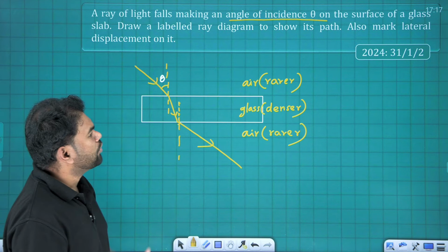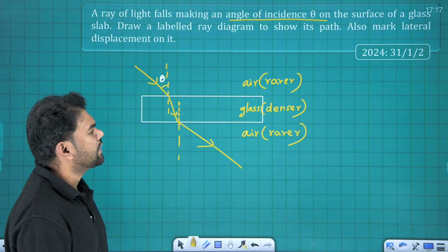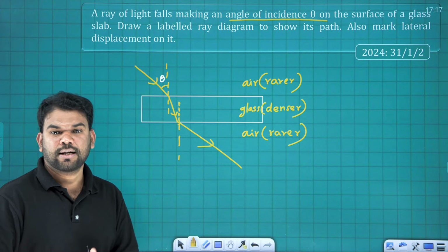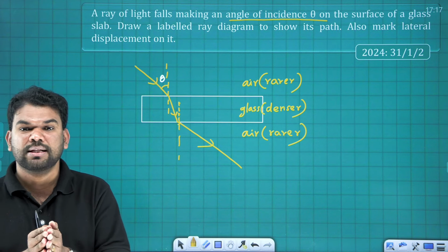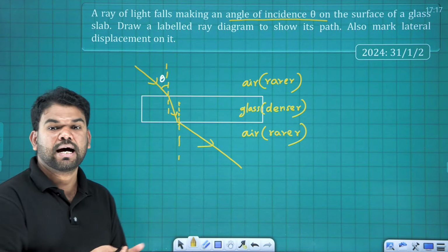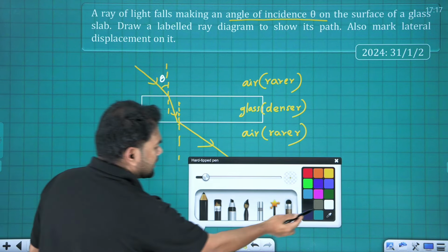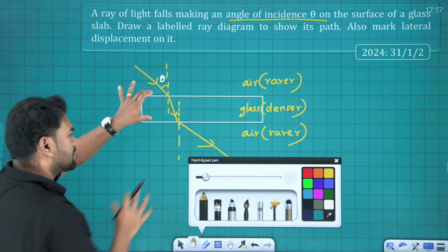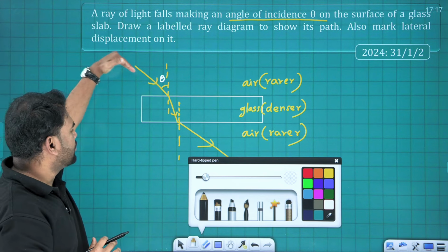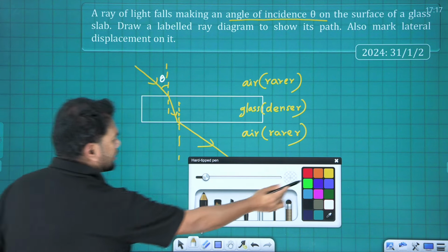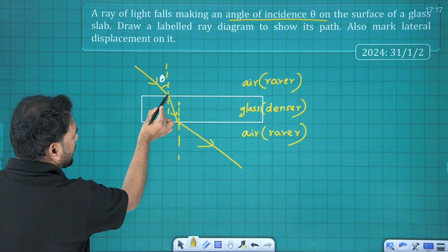And your question is to mark the lateral displacement. What is lateral displacement? Lateral displacement is the perpendicular distance between the incident ray and the emergent ray. If this glass slab is not present here, this ray actually wants to travel straight. So now we can draw that straight path of the ray.